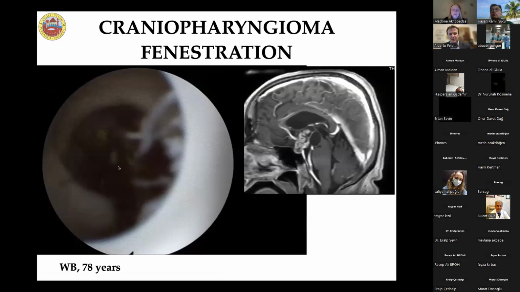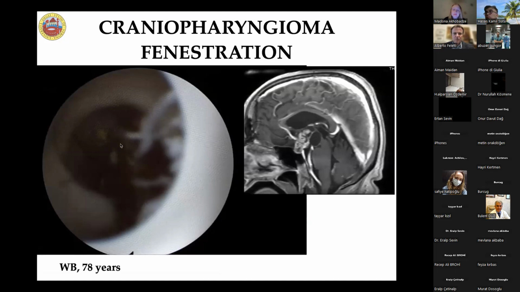There are also some cases of craniopharyngioma where endoscopy can have a role. Of course, when we talk about craniopharyngioma, the first aim should be removal of the tumor. But look at this case, a 78-year-old woman, so quite old, and she complained of symptoms of hydrocephalus.